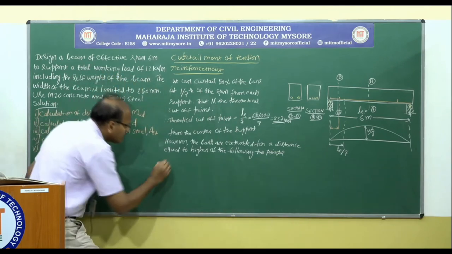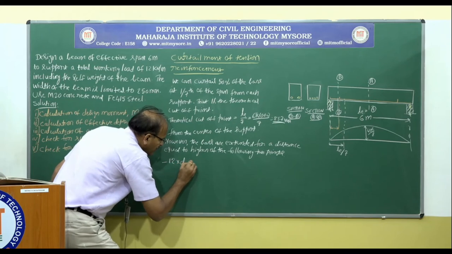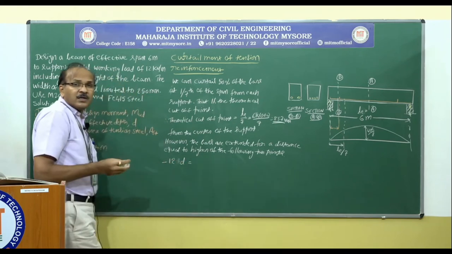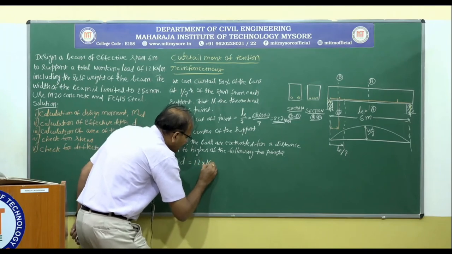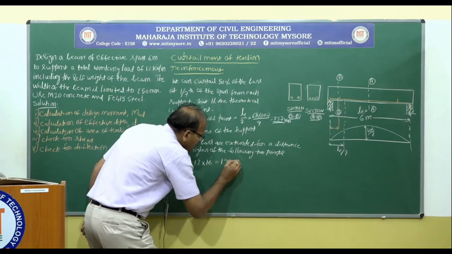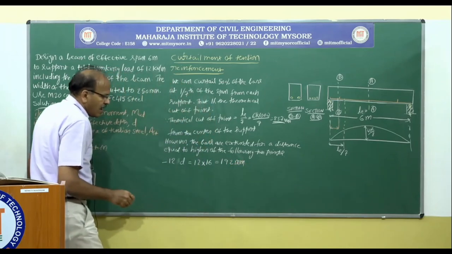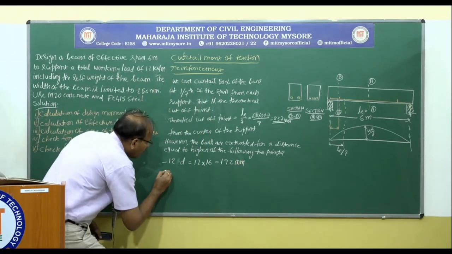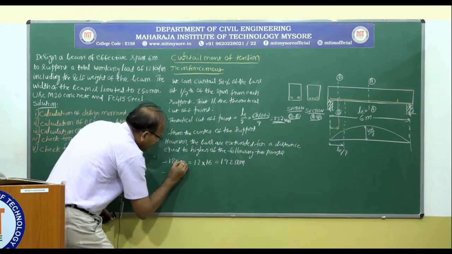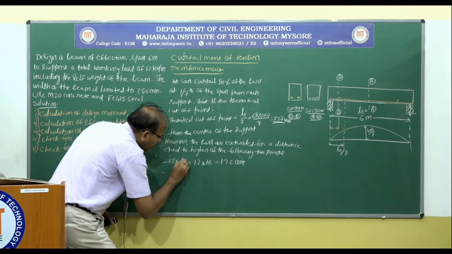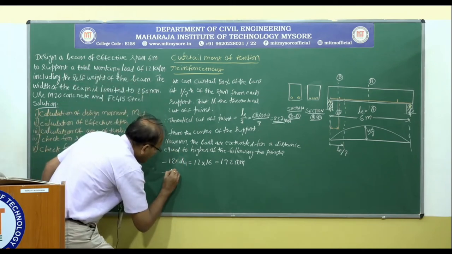What are those values? That is 12 times the dia of the bar, 12D. Here we are using 16 millimeter diameter bar, that is we are cutting off 16 millimeter dia bars, and one effective depth. So instead of D I write dia, then one effective depth.